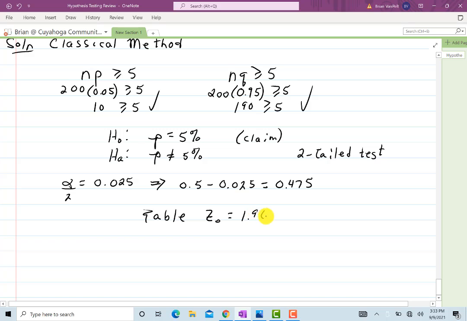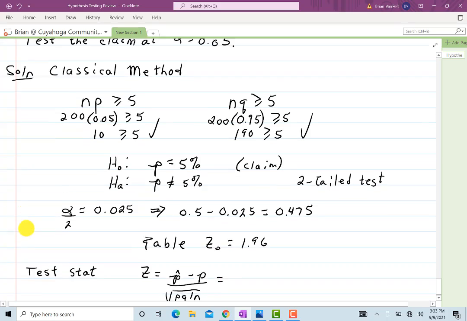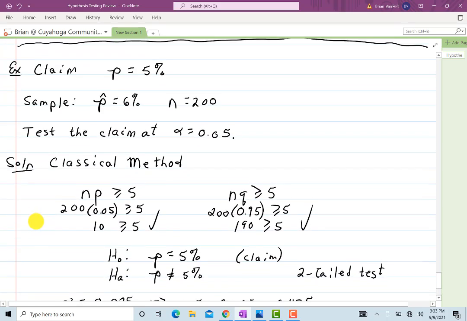Now let's calculate the test statistic. Here we have z equals p hat minus p all over the square root of pq divided by n. p hat in this case, what was our sample proportion? 6%.